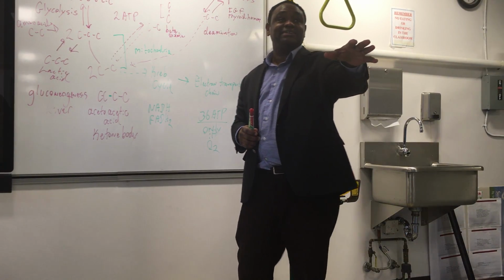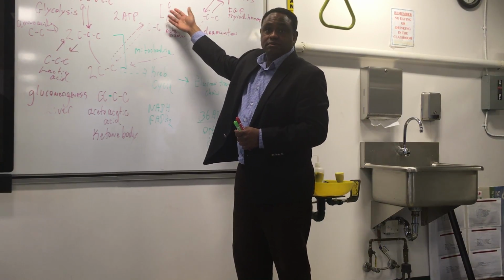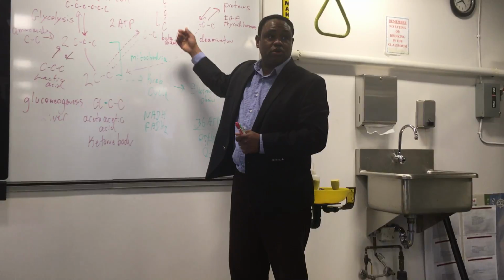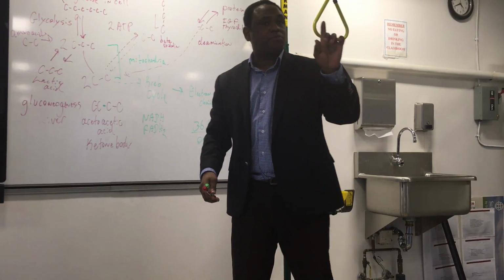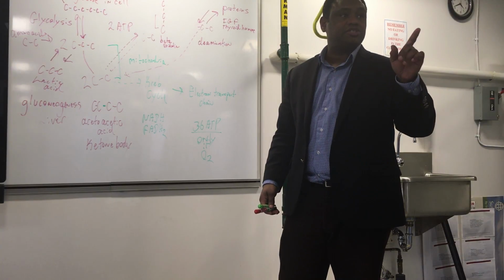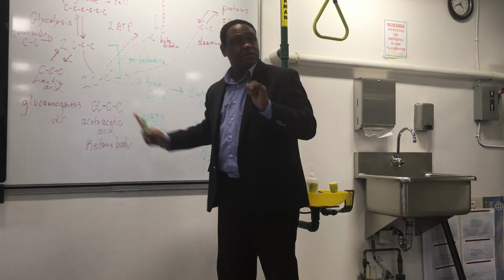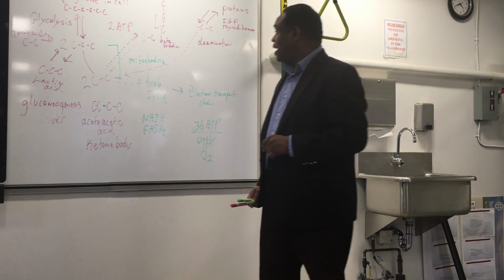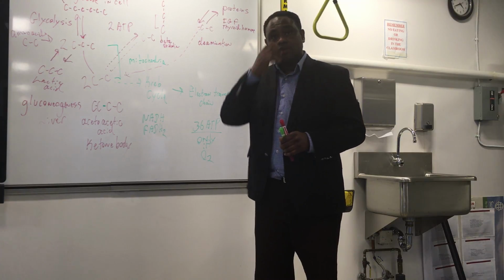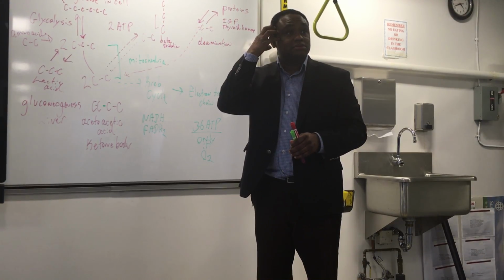So if that's the case, your neurons can't get energy from this lipid source. So to solve the problem so that neurons can get energy when you don't have glucose around, you form ketone bodies. Ketone bodies are going to now actually do what? Be the source of energy that your brain needs.